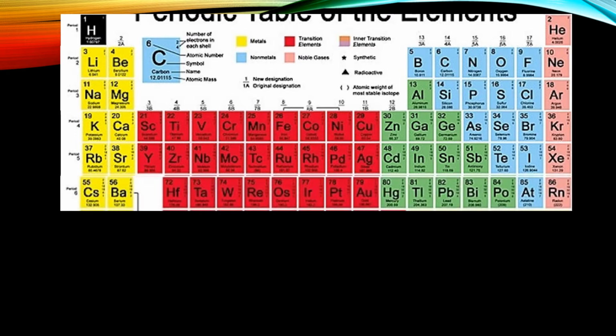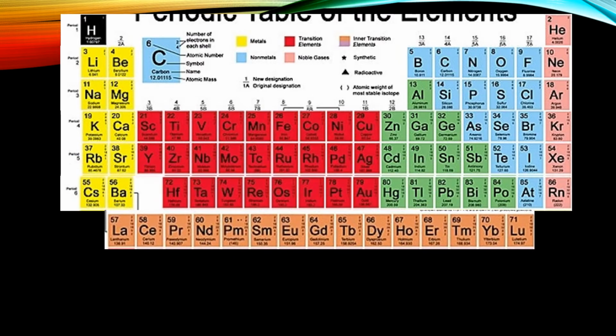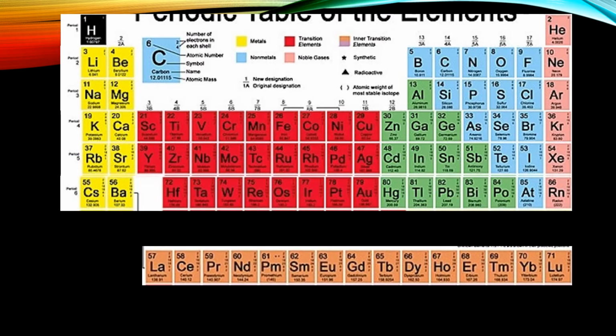The sixth period contains 32 elements. You can see here cesium and barium. And next is a gap, you can see, from barium 56 to hafnium 72. Between these barium and hafnium, other elements are present. You can see below in the periodic table, lanthanum, cerium, and so on.